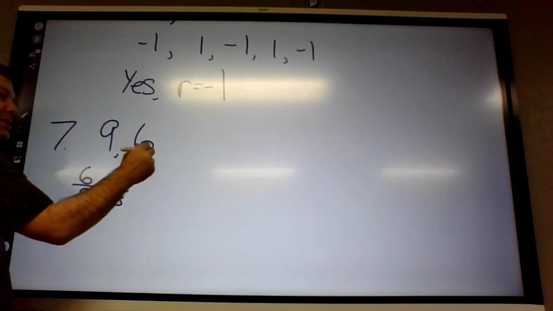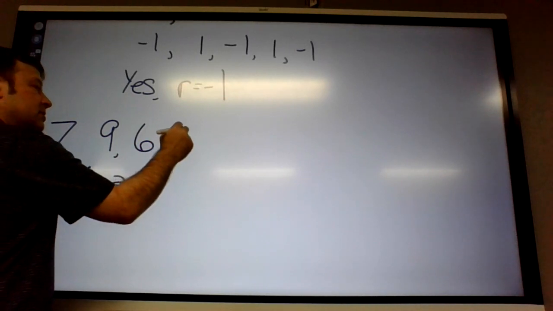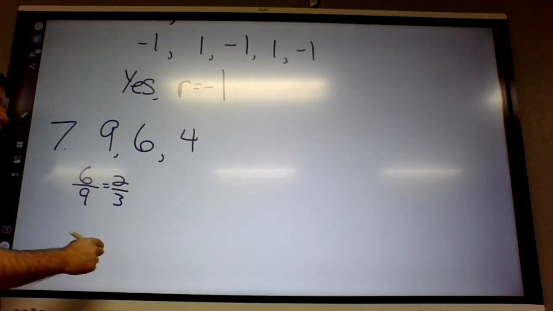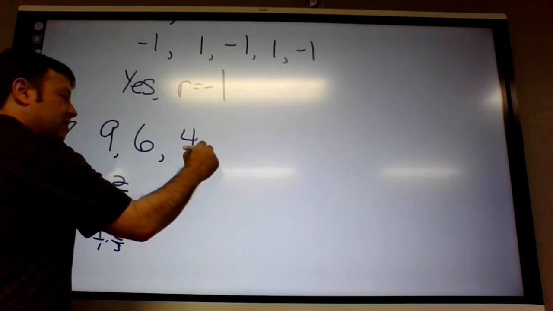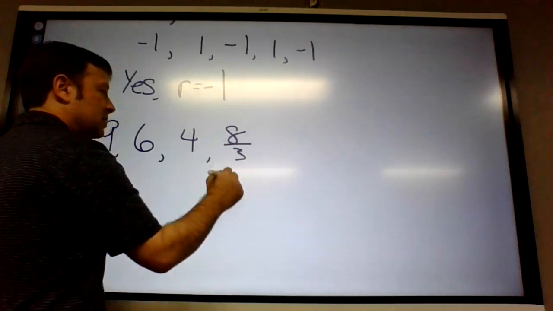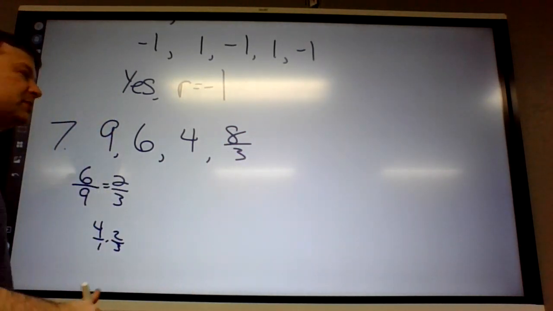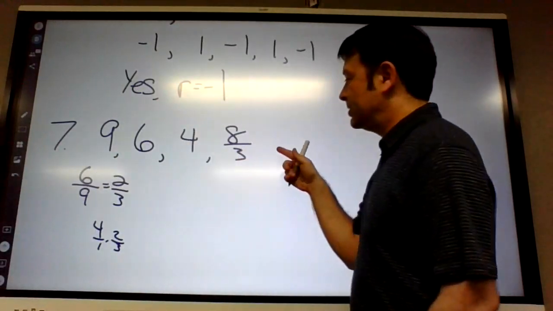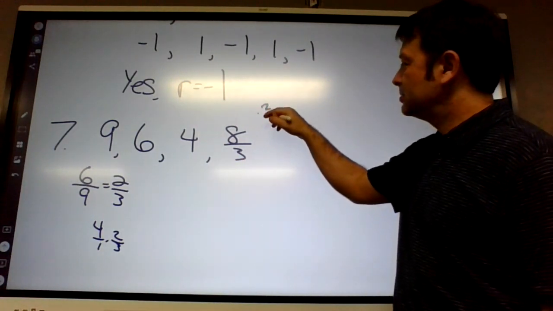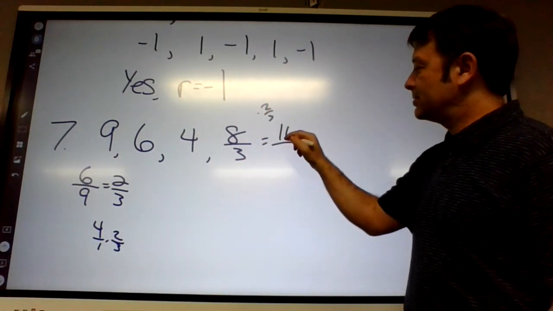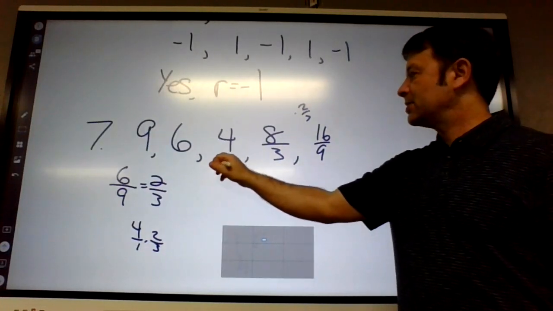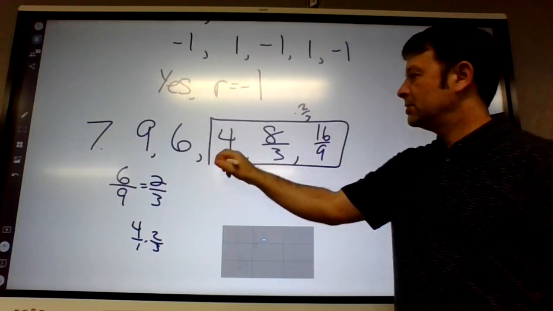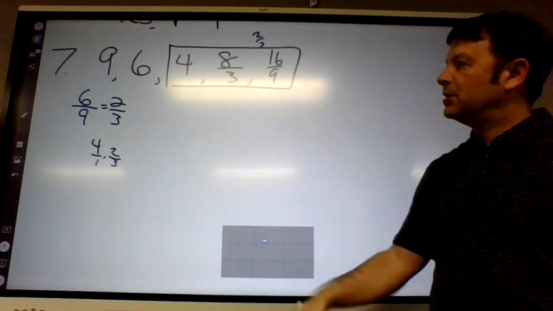We need to do 6 times 2/3, which is 4. 4 times 2/3: 4 times 2 is 8, over 3, so 8/3. 8/3 times 2/3 is 8 times 2 and 3 times 3, so it's 16/9. Anyway, these are the next 3 in the sequence.